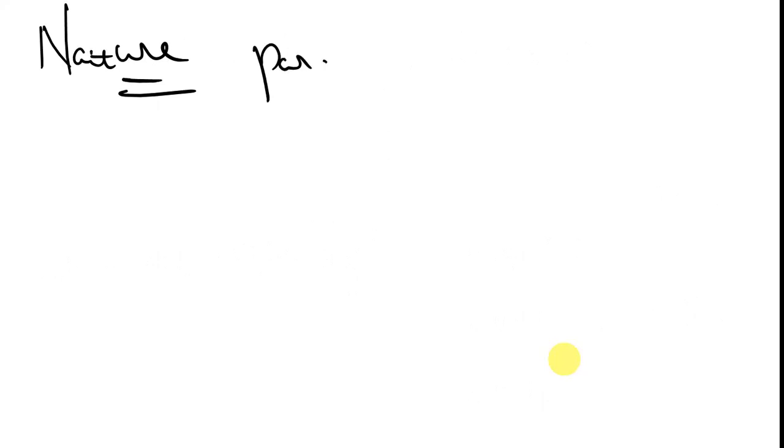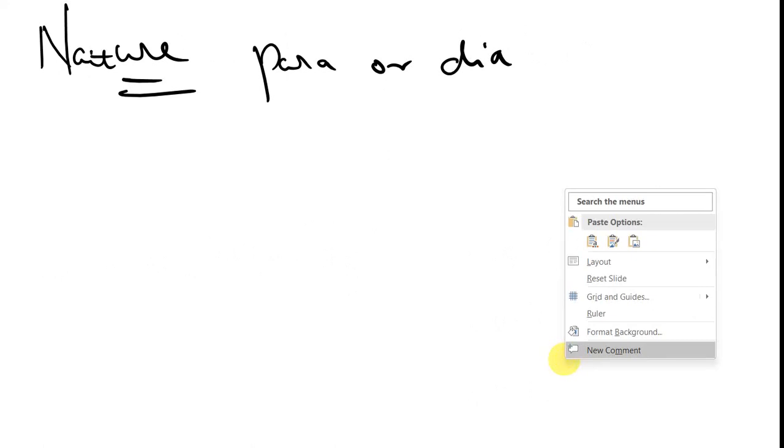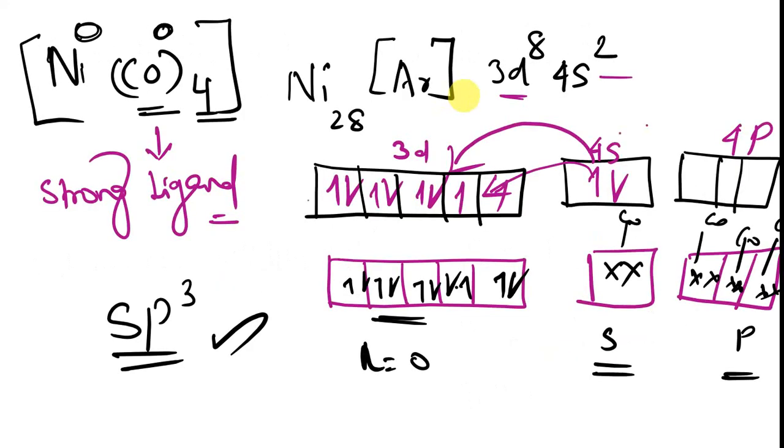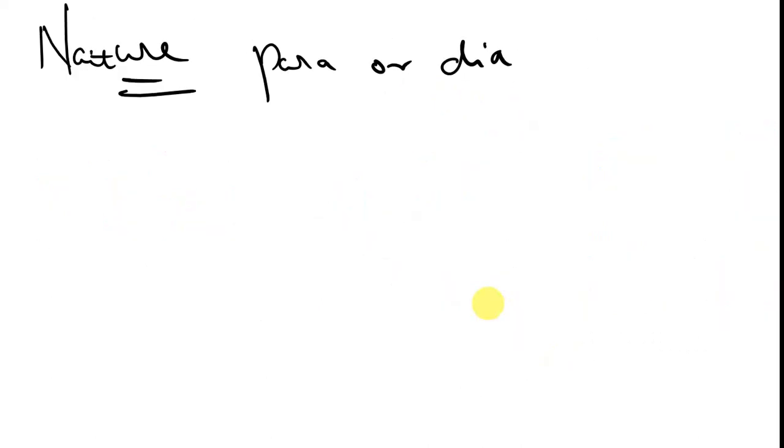And then we should go for nature. And nature in the sense whether it is para or dia. Does it have any unpaired electrons? Check it out. No. All the electrons are paired. So it is diamagnetic.